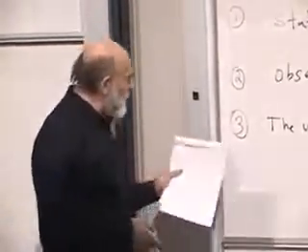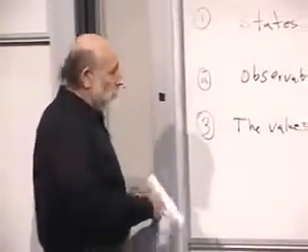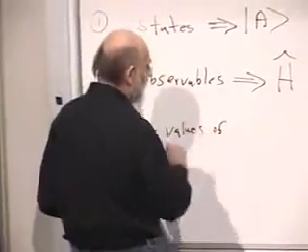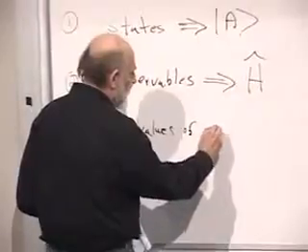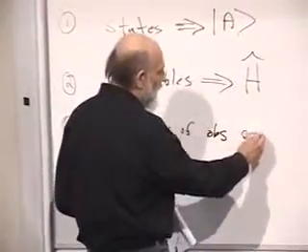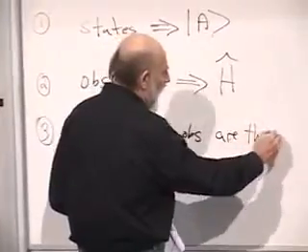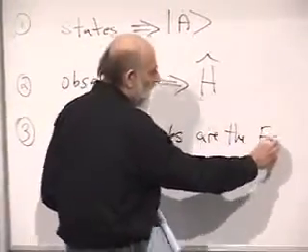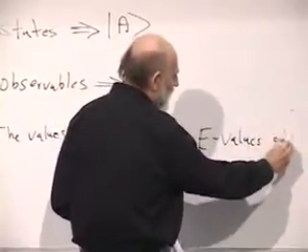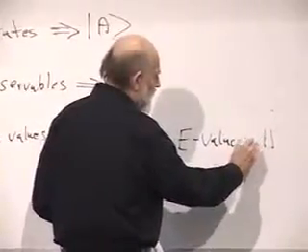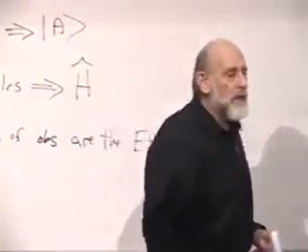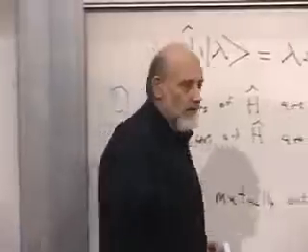The possible values that you can get, the collection of values that you could get, the values of the observable H are the eigenvalues of H. That's the meaning and the significance for us of eigenvalues.